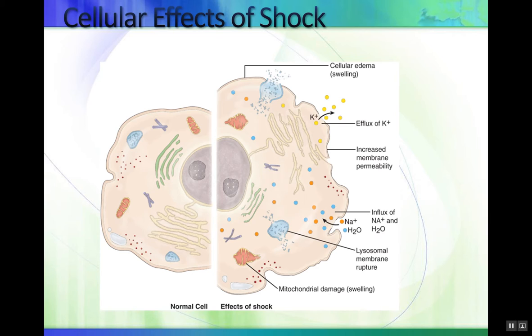Cellular structures aren't working. Everything's damaged. So it's really important to know that from the cellular level, your potassium might go out into the cells. You might end up with a patient who has hyperkalemia with this, which is obviously common. You're going to have permeability, so the fluid's going to go in and out without much regulation.